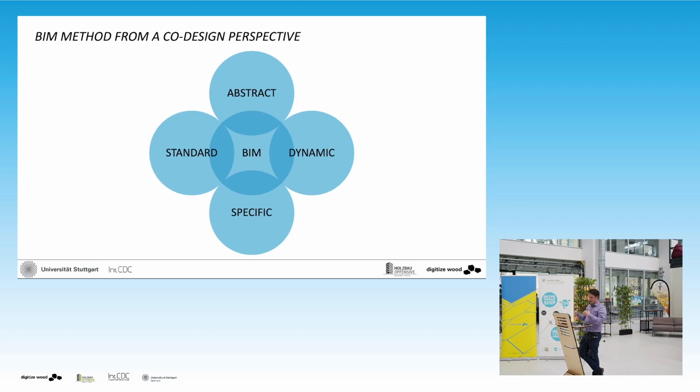If we look at this diagram and look above at the abstraction, of course this is always needed if we have new ideas, also for research, but it's also important to come down and become specific. And also we have projects where we cannot define every piece of information. Then we need these dynamic aspects to not be too limited by the standardization.